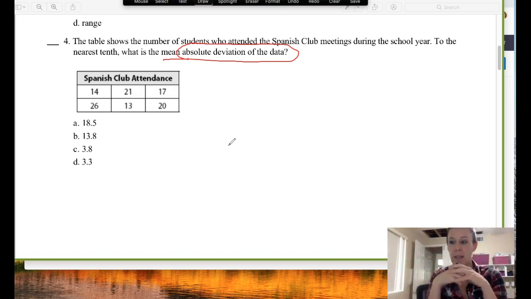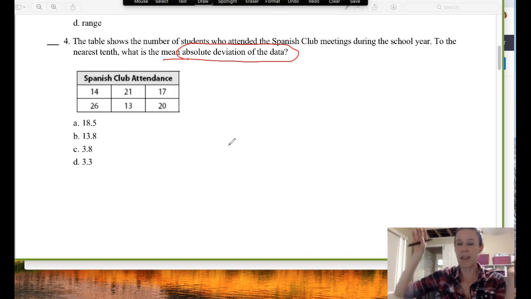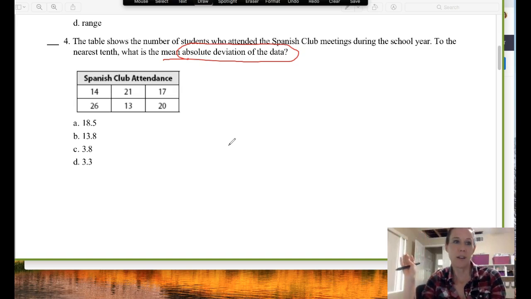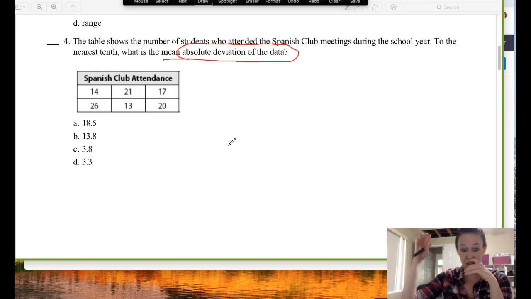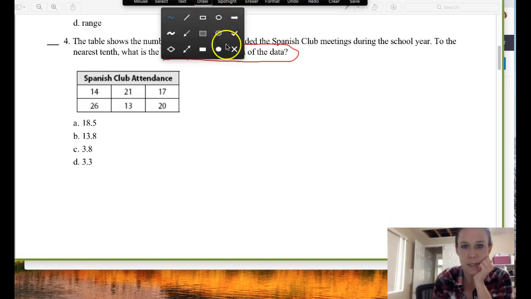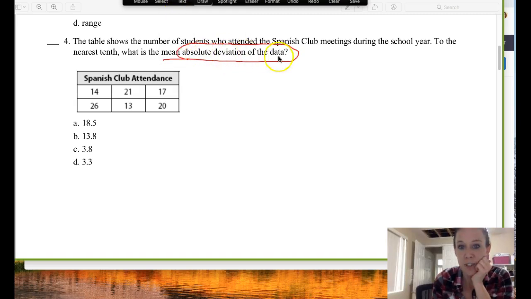Like if you take heights of an average adult, girls' heights tend to be closer together and men's heights tend to be further apart, because you can have a 6'7" man and a 5'4" man, and women tend not to be as tall as men. All right, so that's what this tells us. What's the average distance of each point from the average?